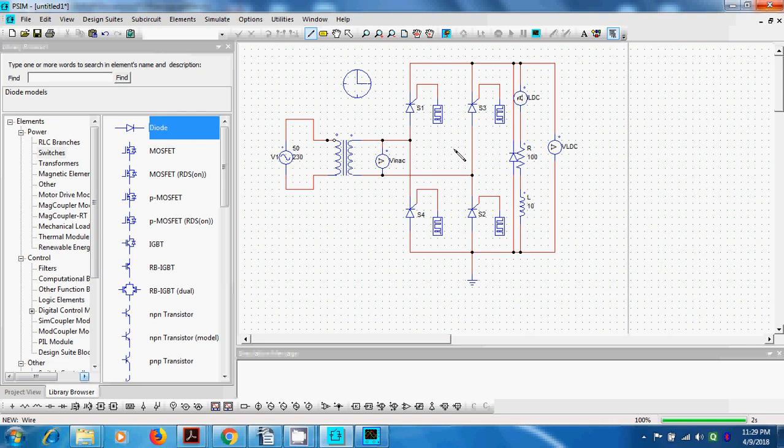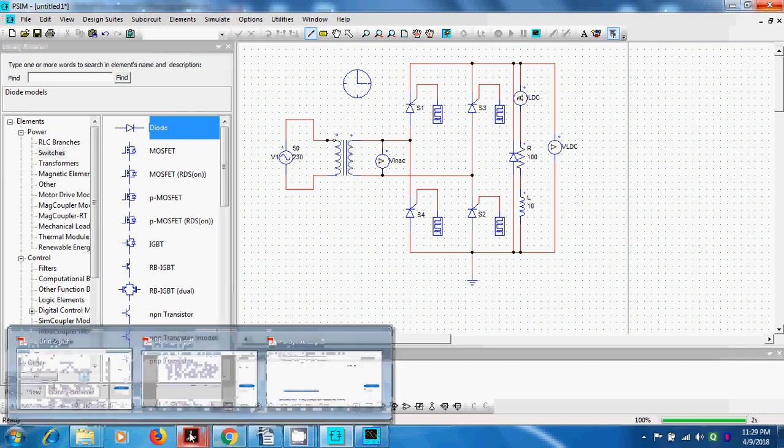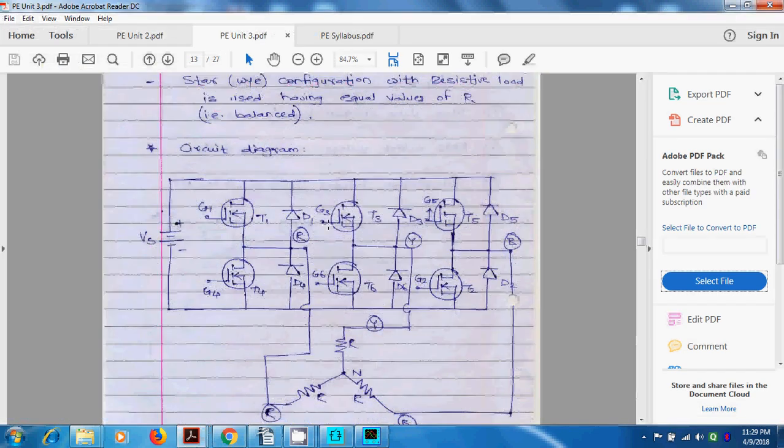Now we'll come to the three phase voltage source inverter for balanced star R load. This is the new one, and this theory we have already studied. This is the circuit diagram.